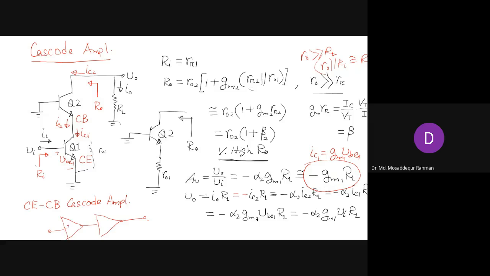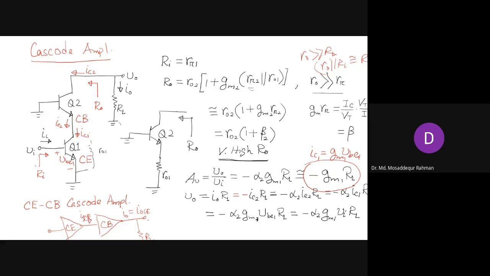You have the common emitter here, then the output goes to the common base, and then you have the RL. The output current of the common emitter goes through and you get the same current, because the common base has a unity current gain.